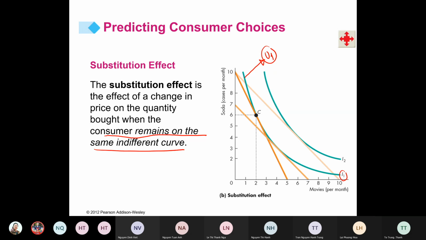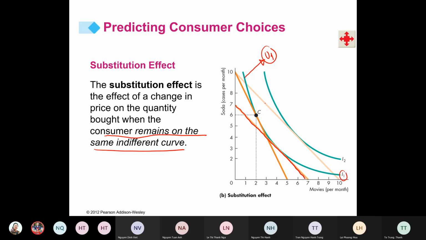We draw an imaginary budget line which is parallel to the new budget line, meaning that we let the price change. The price of movies is not $8, but $4.